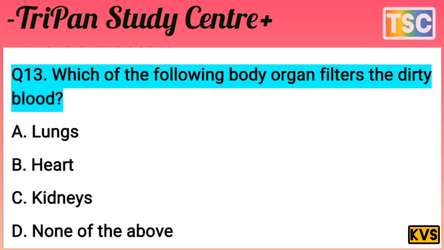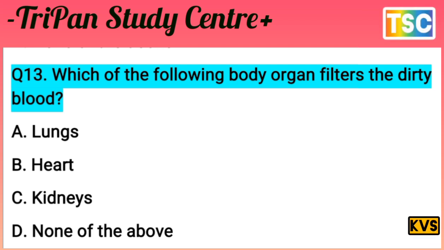You know that kidneys filter the toxins and waste out of the blood. Kidneys are bean-shaped organs that filter the blood and remove the waste.